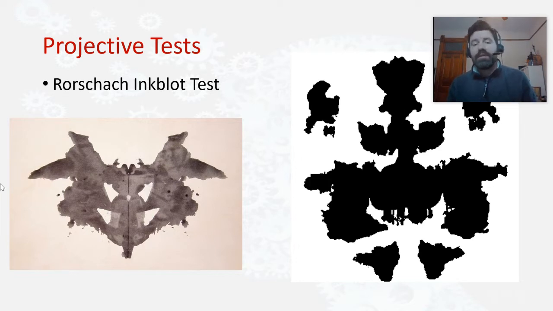And you've maybe seen these on TV or in the movies. Usually there's a psychologist on one side of the table who holds up this ink blot and says, tell me what you see. Now, that's not really how this works. There are 10 ink blots. They are always the same. So the first plate is always the same if you're taking a Rorschach ink blot test.